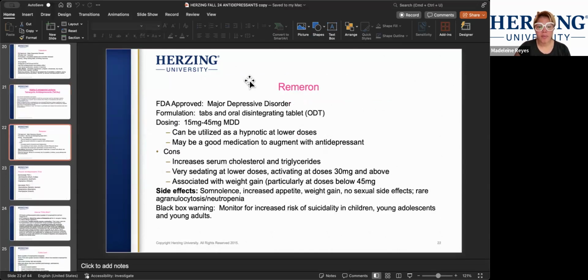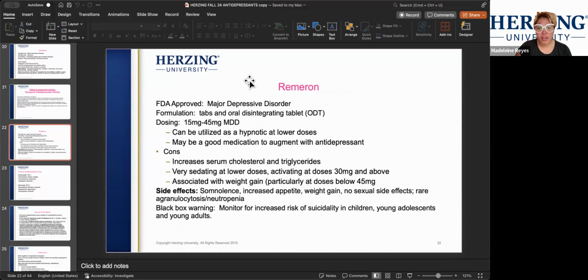Remeron, FDA approved for major depressive disorder. Formulation or dosing can come in 15 or 45 milligrams. Can be utilized as a hypnotic at lower doses again. And it's a good medication to augment for depression. At higher doses, after 30 milligrams, you'll be attacking more of the depression.